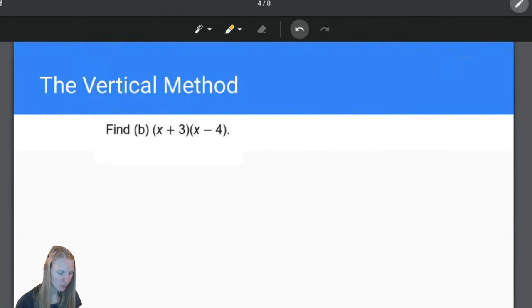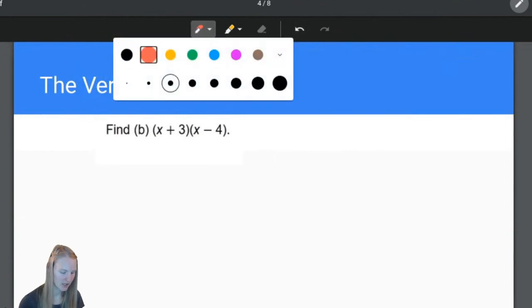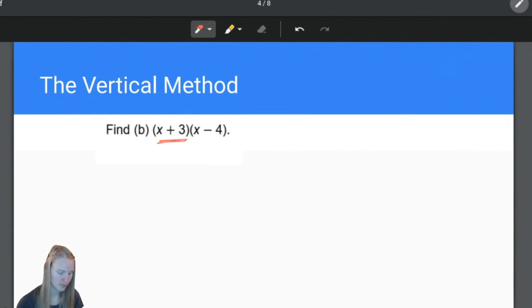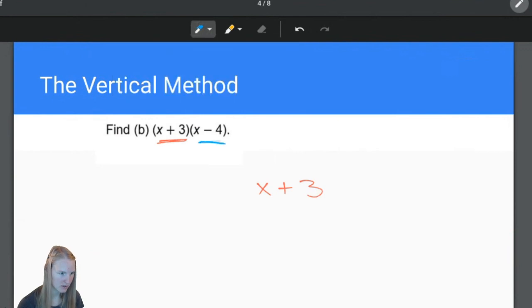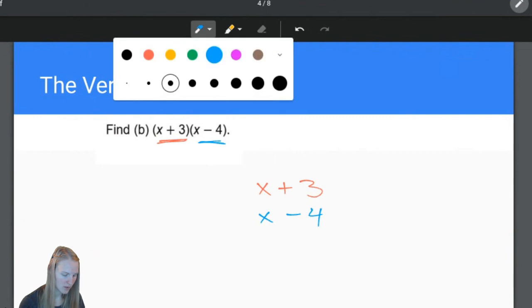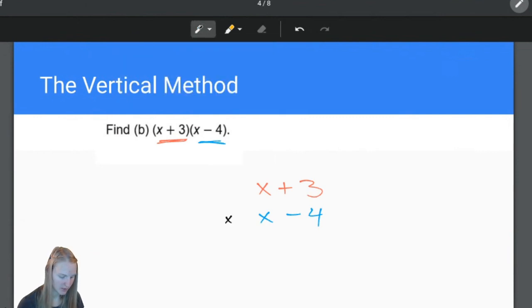So what we're going to do is, let's color code again. I'm going to take the first polynomial, x plus 3, and then I'm going to take the second polynomial, x minus 4, and we're going to set them up. We're going to say multiply both of these together.